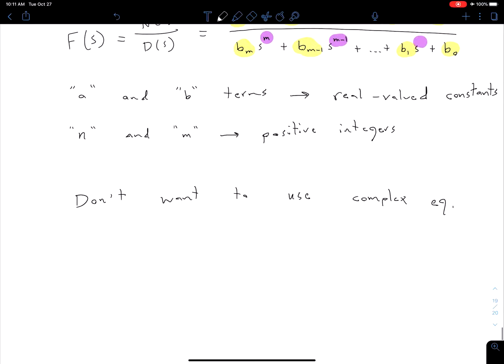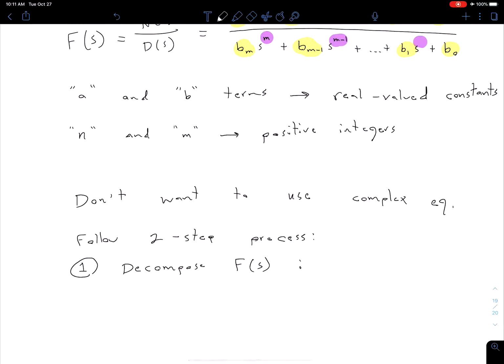So instead, we're going to follow a two-step process. The first step in this process is we're going to decompose this generalized function into smaller pieces. So decompose f of s into simple terms.